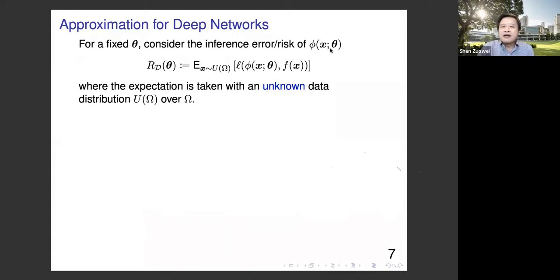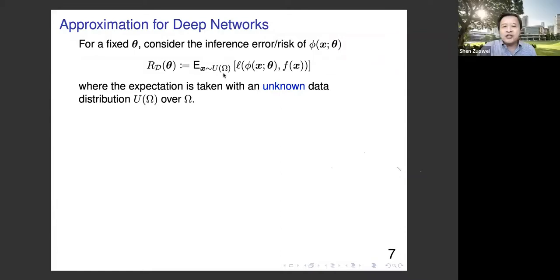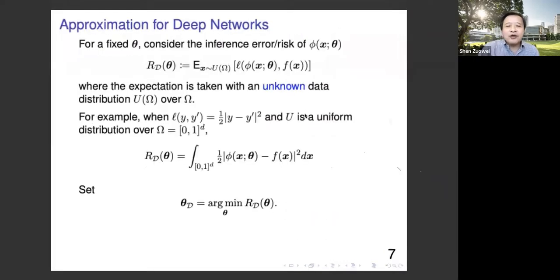You have many layers. You want to approximate f, so you have to have a distance. You decide this L is the distance between phi x and f x, and then of course you have a distribution, and you take the average. That's all. If you take this simple distance and a uniform distribution, where omega is just the cube, then it's basically the L2 norm.